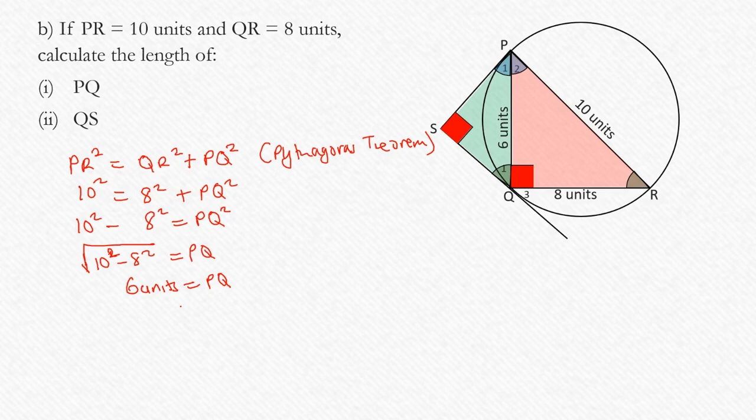Okay, we're done with part 1 of B. Let's go to part 2 of B. Now, how are we going to find QS? We can't use the Pythagoras theorem here because we only have one side, which is PQ. But now we can use similarity.